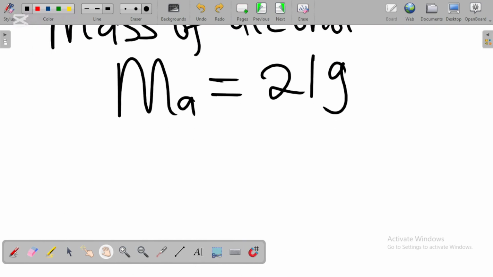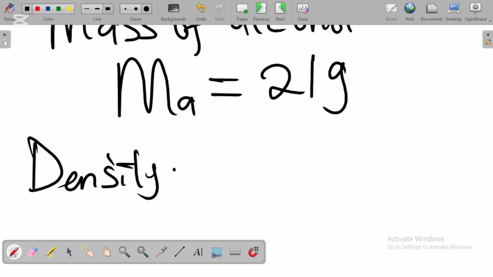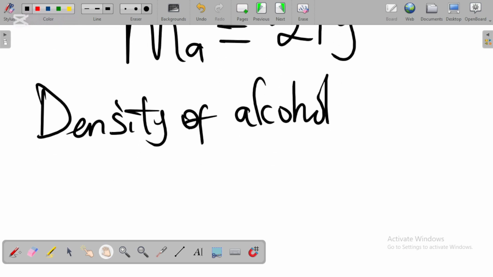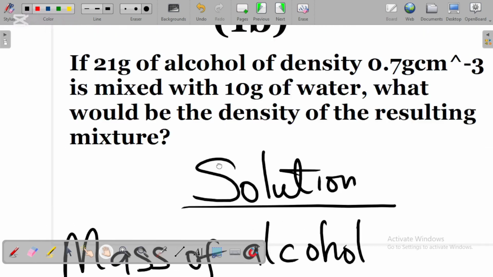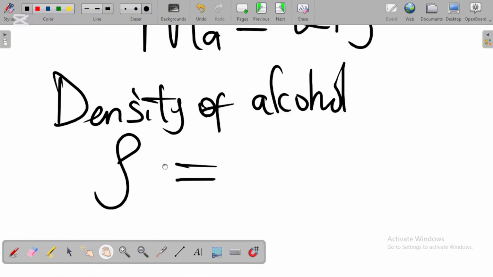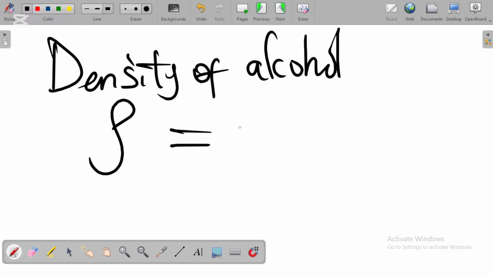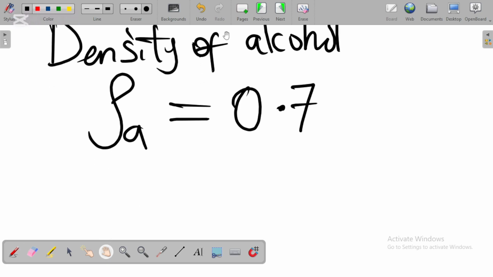So the density of alcohol, which is rho subscript A, is equal to 0.7.